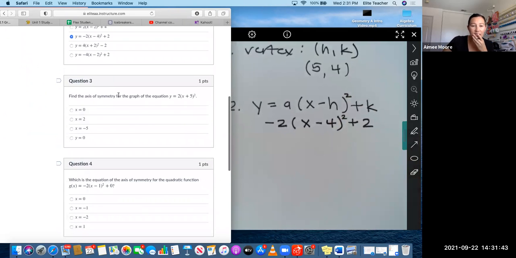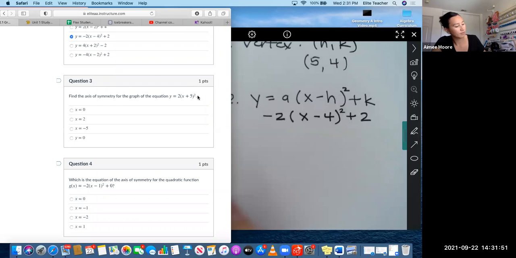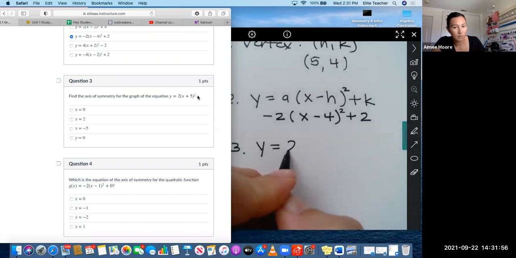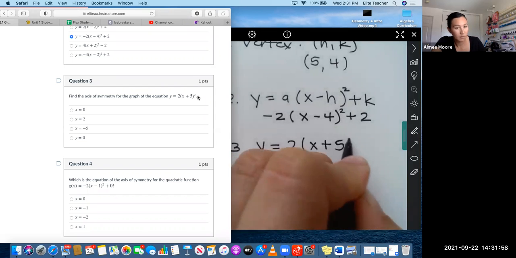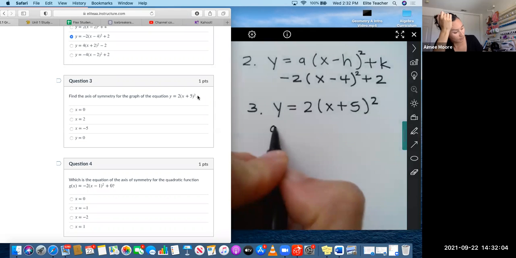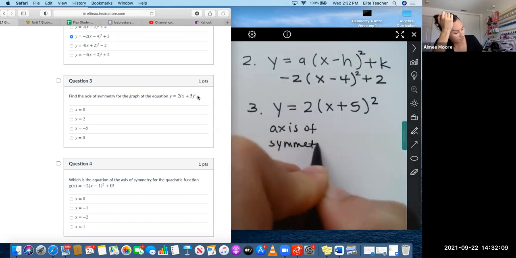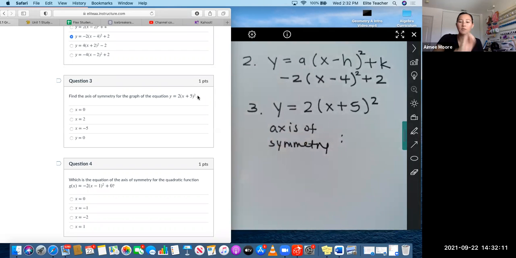Okay, find the axis of symmetry for the graph of the equation y equals 2 times x plus 5 squared. Send it to me in the chat.